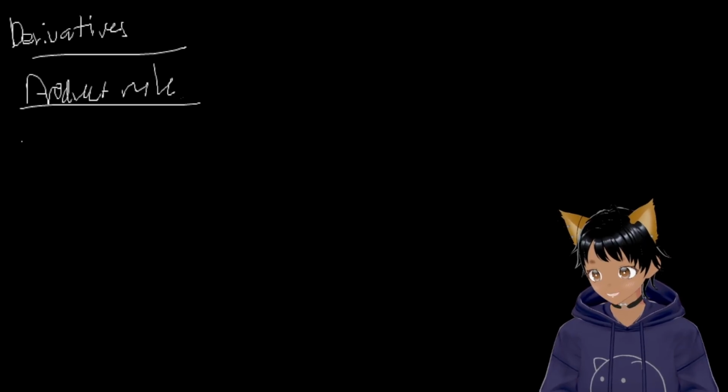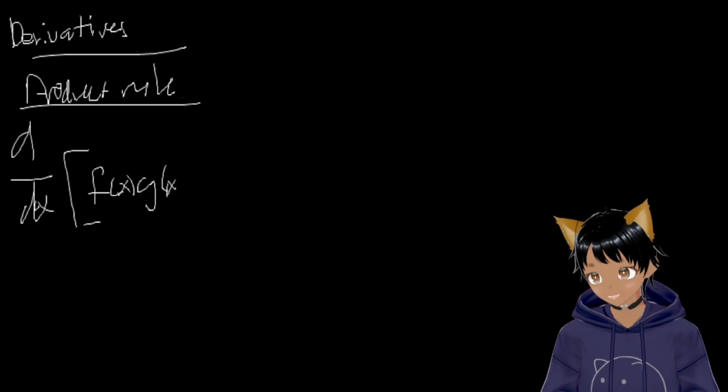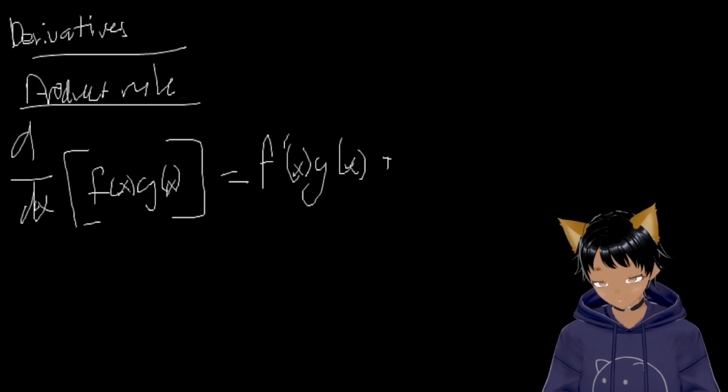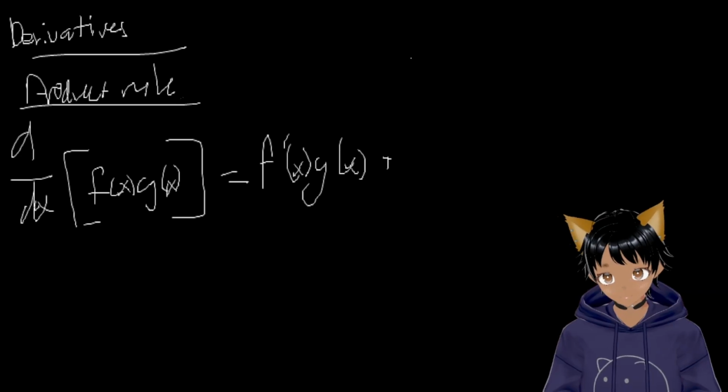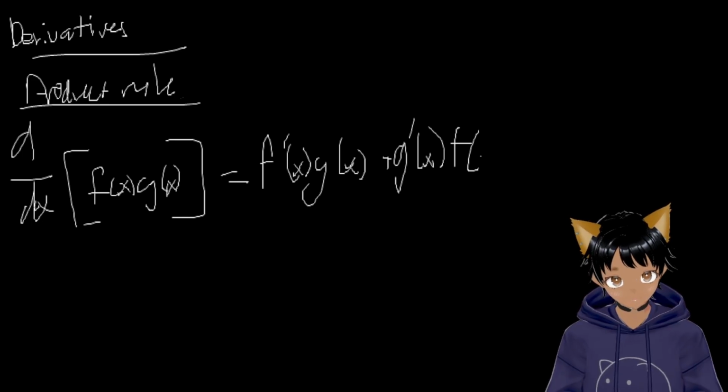All right, it's okay. d over dx, this means derivative of something in these brackets here, of f of x multiplied with another equation such as g of x, will equal, this gets long, derivative of f times g of x, plus g of x, or derivative of g of x, excuse me, times f of x.